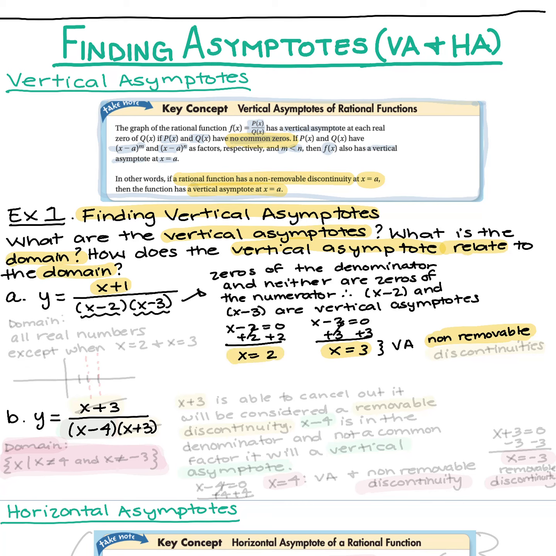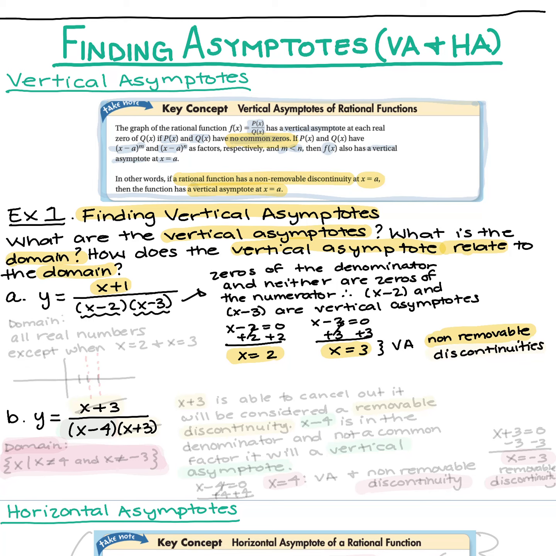Now, the next question says, how does a vertical asymptote relate to the domain? Or how do I find the domain? Well, the domain is going to be all real numbers except where you have a discontinuity, right? So since these right here are non-removable, that means it's non-removable discontinuities.